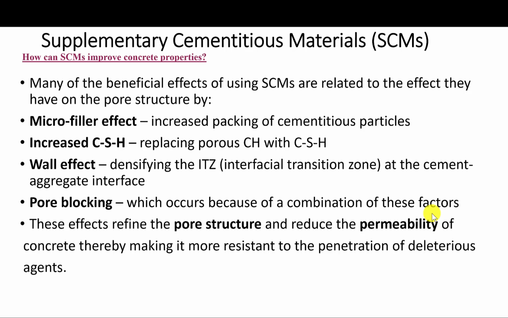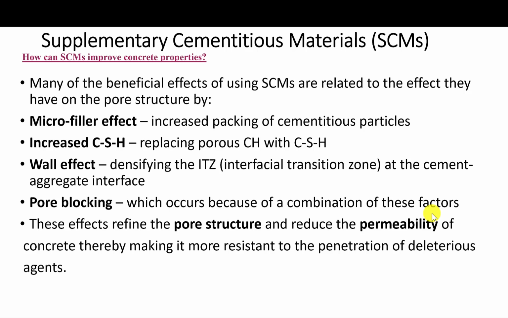We have also the pore blocking, which basically occurs because of a combination of these factors together. The above effects refine the pore structure and reduce the permeability of the concrete. By this, they are making it more resistant to the penetration of the deleterious agents.